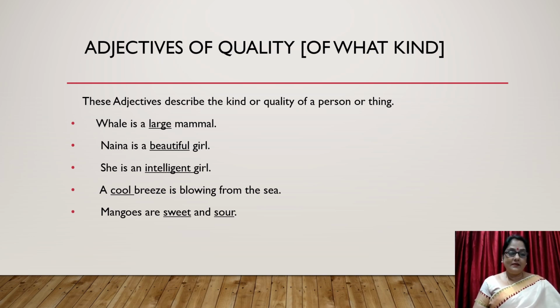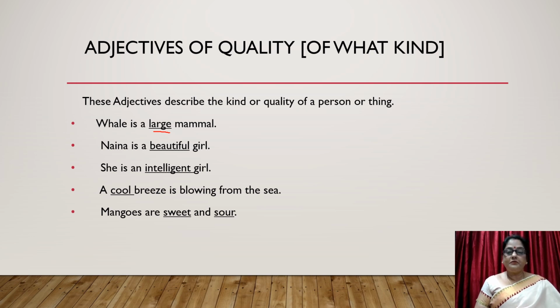Let's understand this with the help of examples. Whale is a large mammal. What kind of a mammal is whale? It's a large mammal. So we have asked the question, what kind of? And the answer is large. So this is an adjective of quality.